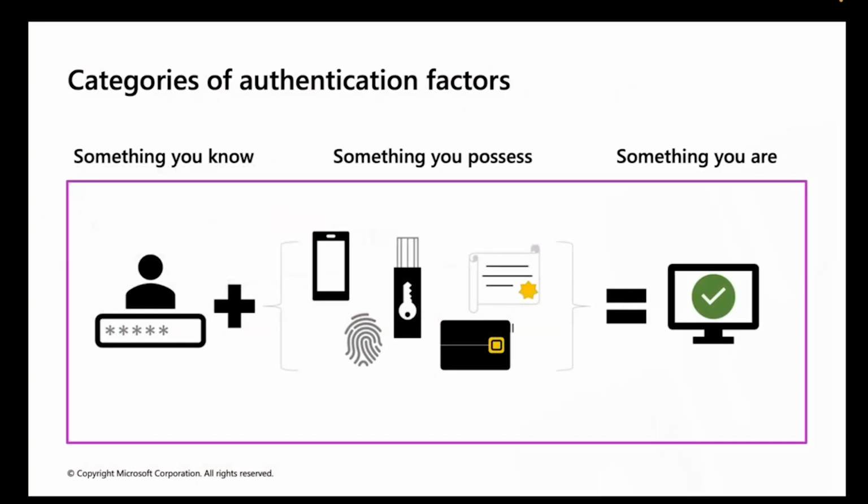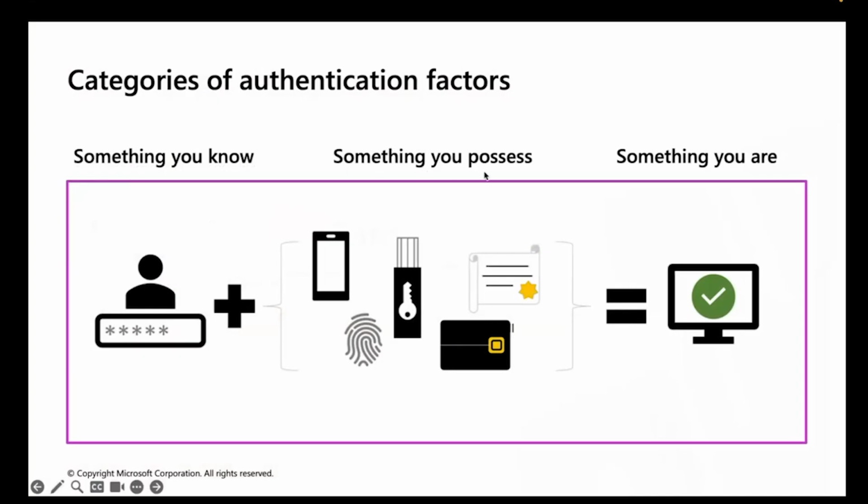So when we talk about MFA, MFA is basically based on three main factors. You can enhance security in authentication by checking something you know, that is your ID, password, or maybe any kind of OTP.